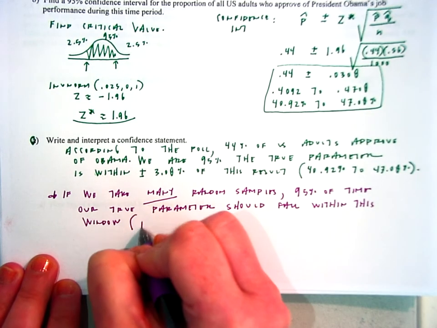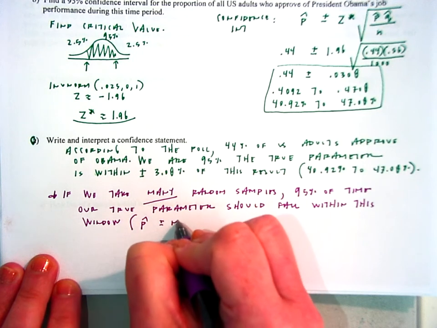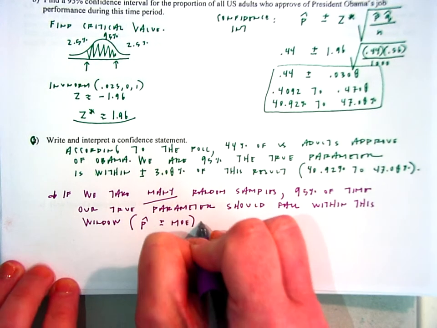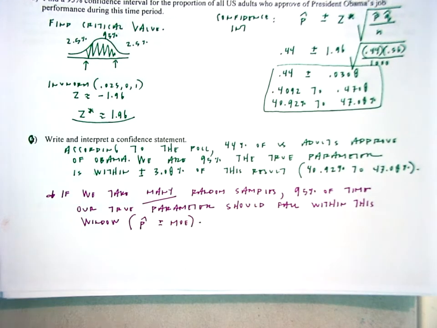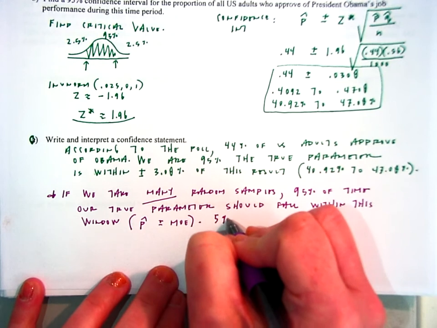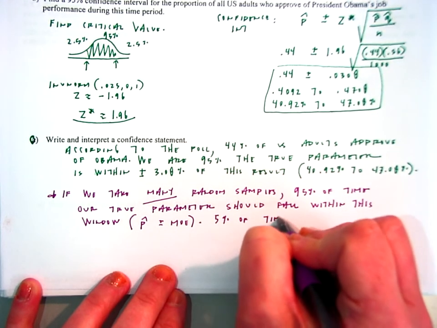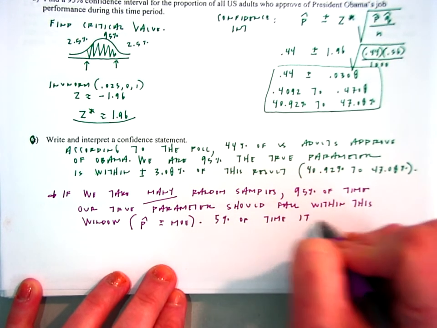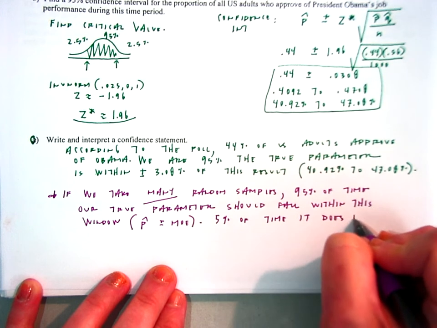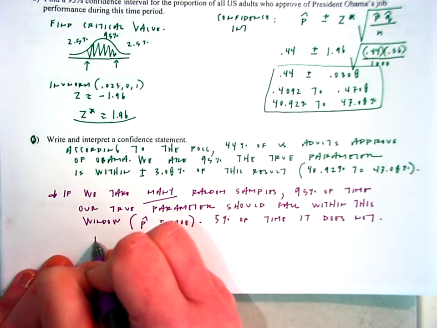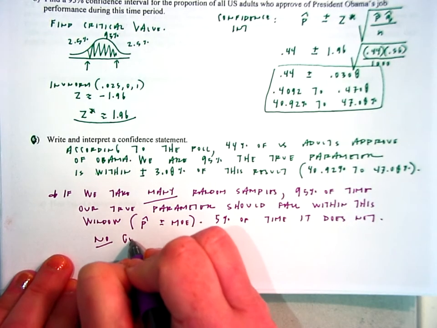That window is the statistic with the margin of error attached. That means 5% of the time, it does not. We can never guarantee our conclusion.